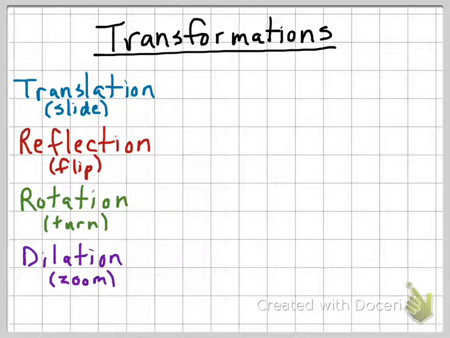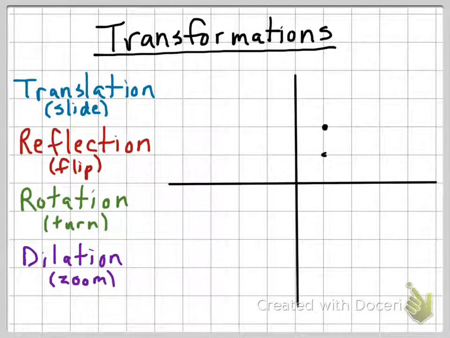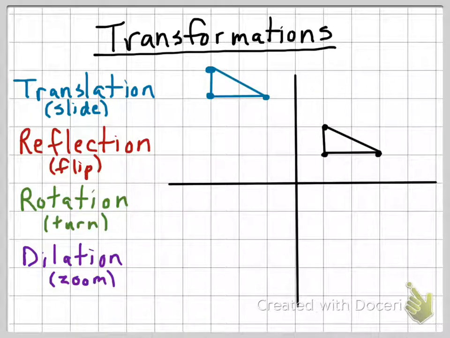Okay, so I'm going to give you a graph. Here's an image, and I'm going to show you just an example of each of these. Not a specific one, just a generic. Okay, this would be a translation. Same shape, just slid to a different spot. This would be a reflection.